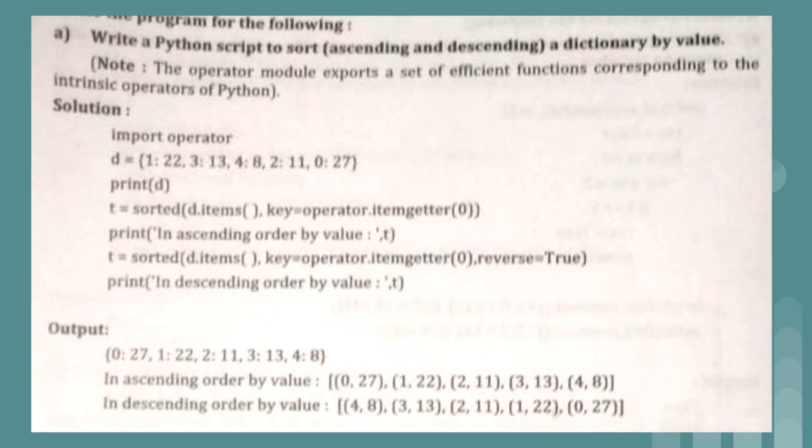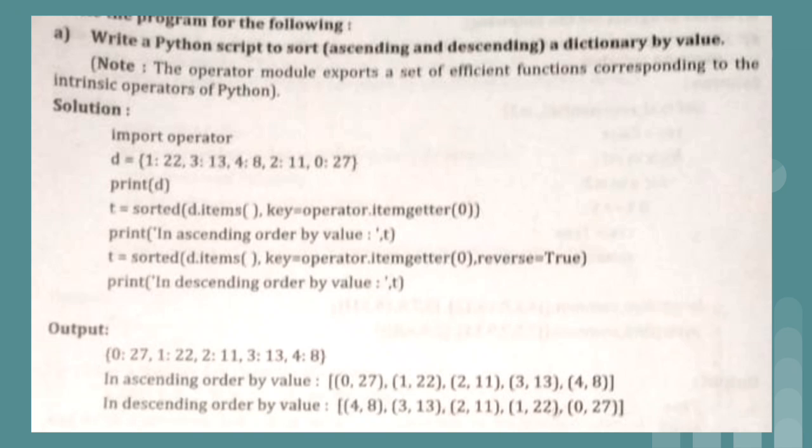After initializing the dictionary we have printed it, so you will get the output the way you have initialized it. If you see the output, it is sorted according to the key values by default. After that we have T equal to sorted.